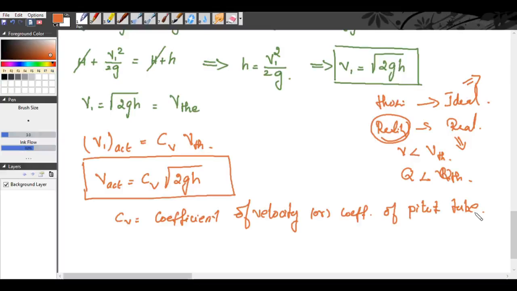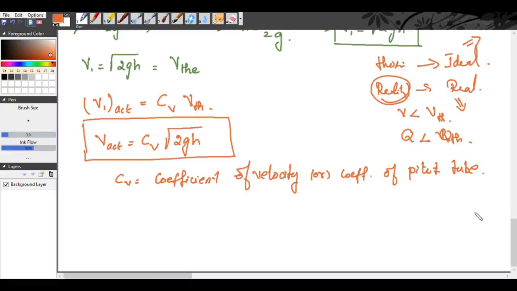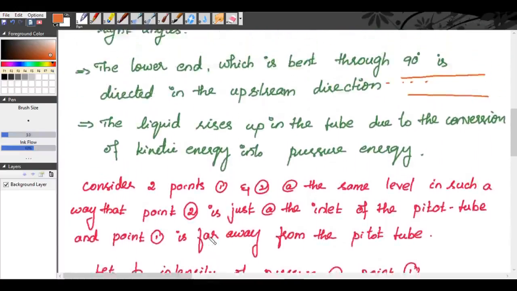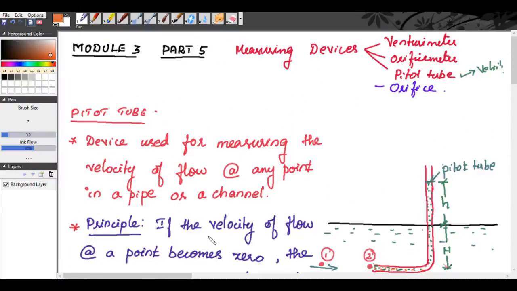So that means if you are using a Pitot tube, you can find the velocity at any point by using the formula Cv into root of 2gh. That's all. Now, how is this h measured?